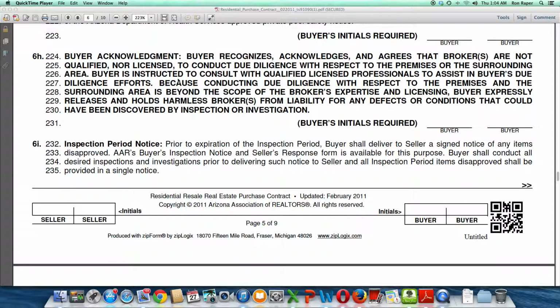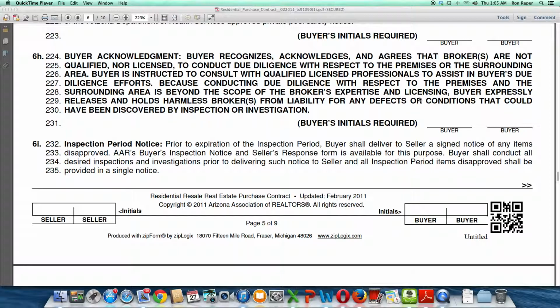Buyer is instructed to consult with qualified licensed professionals to assist in buyer's due diligence efforts, because conducting due diligence with respect to the premises and surrounding area is beyond the scope of the broker's expertise.